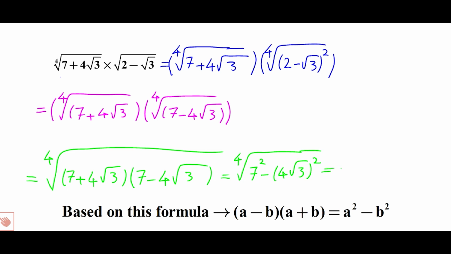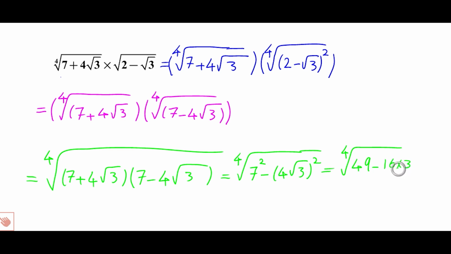So we have the fourth root of 49 minus 4 times the square root of 3 whole squared, which is equal to 16 times 3. 16 times 3 is equal to 48. So 49 minus 48 is equal to 1. So the fourth root of 1 is equal to 1.